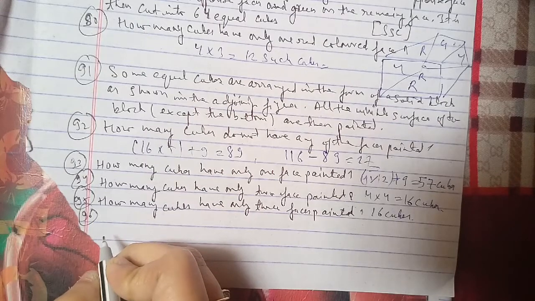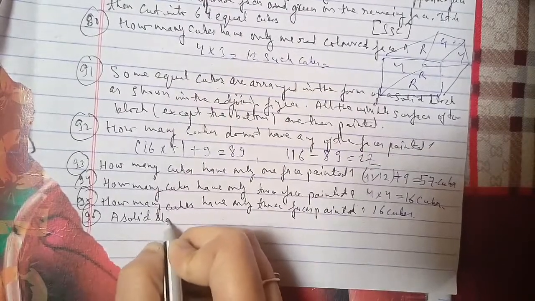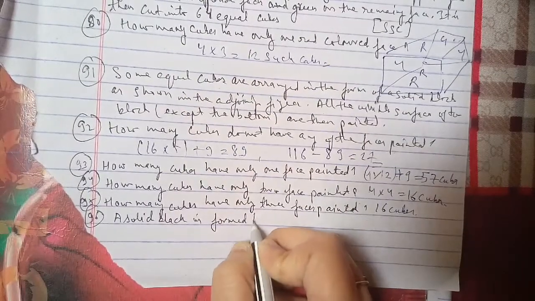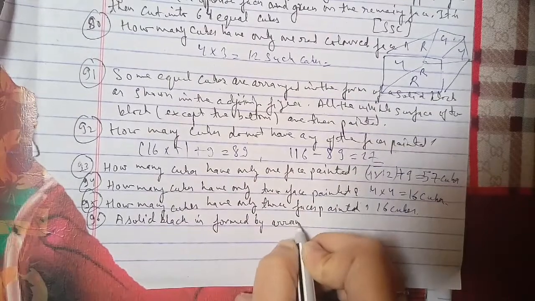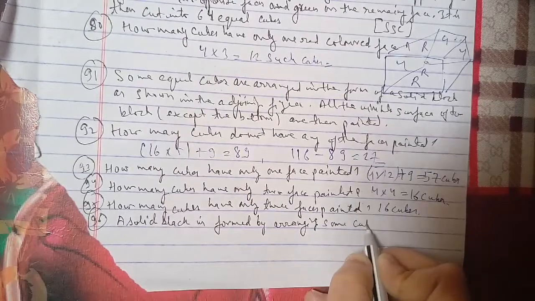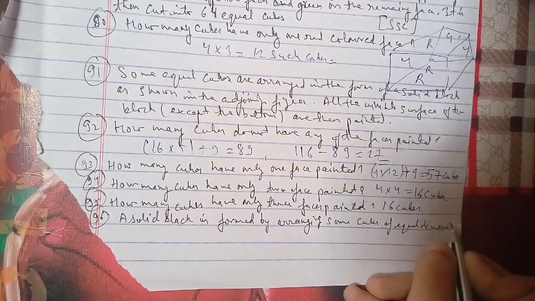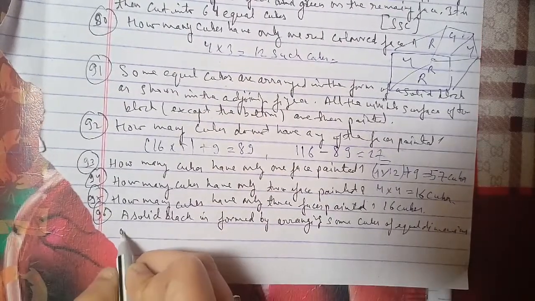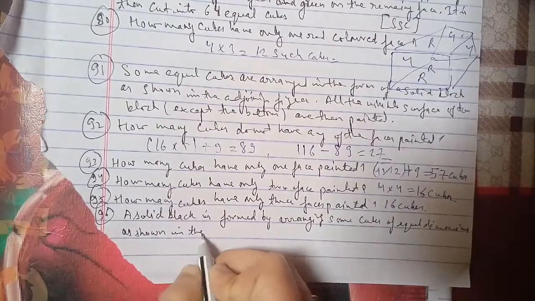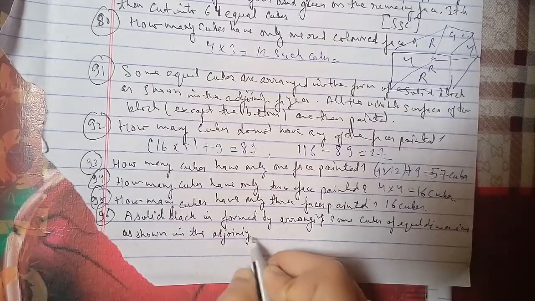So the question states that a solid block is formed by arranging some cubes of equal dimensions as shown in the adjoining figure.